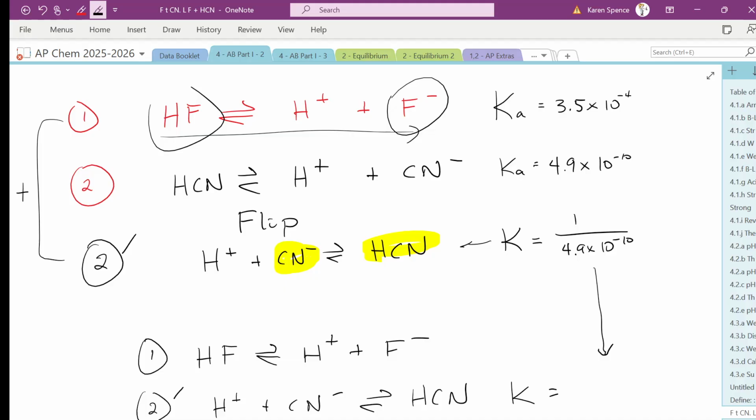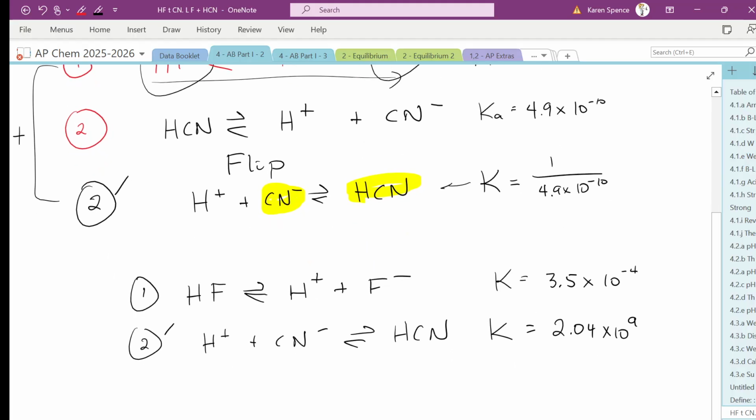So I get 2.04 times 10 to the 9. And this guy here, its K value was 3.5 times 10 to the minus 4.